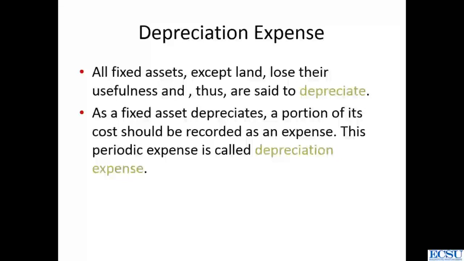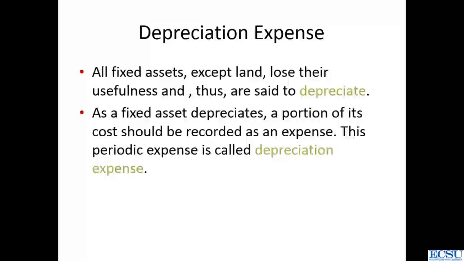As time passes, a plant, property, equipment or fixed asset loses its ability to provide useful service. Supposing, for example, I purchase a computer and it is supposed to give a life of 3 years, then whatever is the cost of the computer, I'll have to transfer one third of the cost of the computer as a depreciation expense each of the years. So that is the example of depreciation expense.